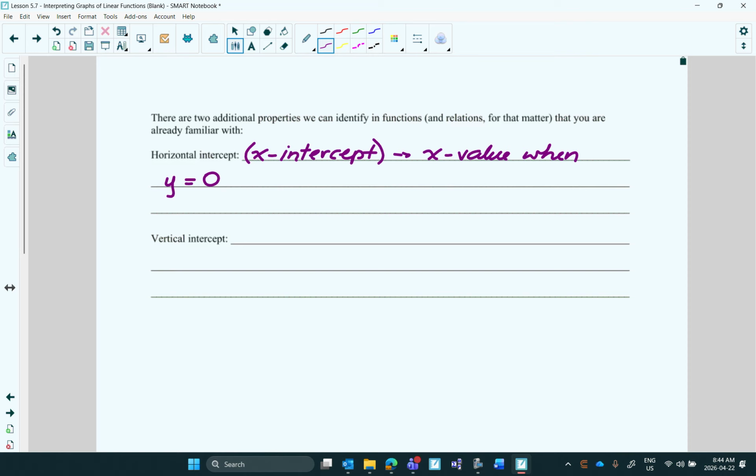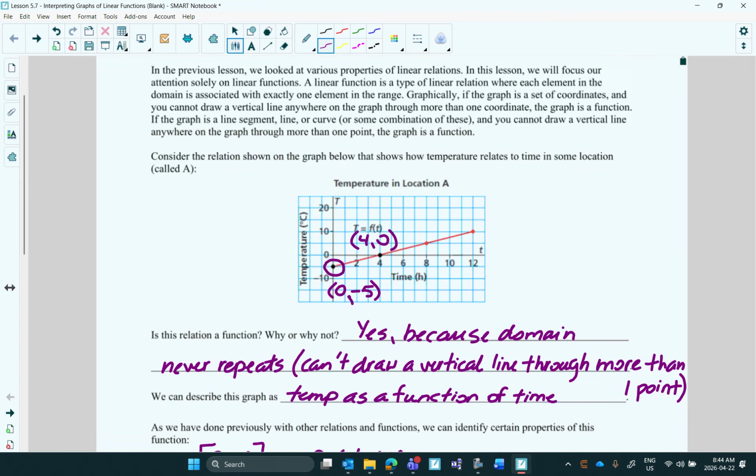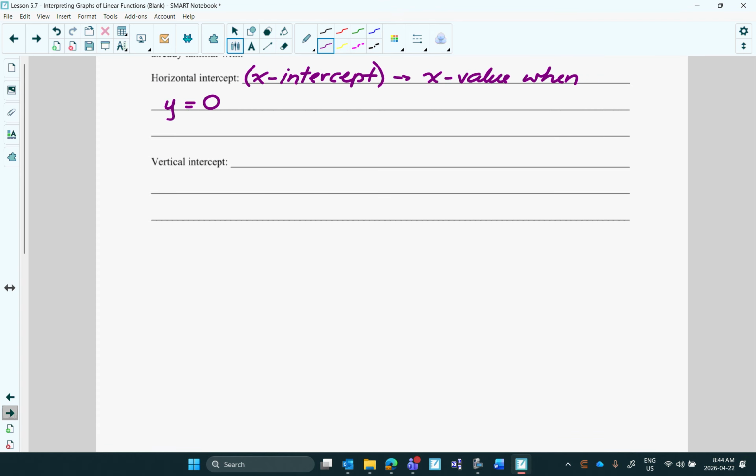So on that graph, what's the x value when y is 0? Come on, guys. Here's where y is 0. What's the x value? 4. So the horizontal intercept is 4. That's it.